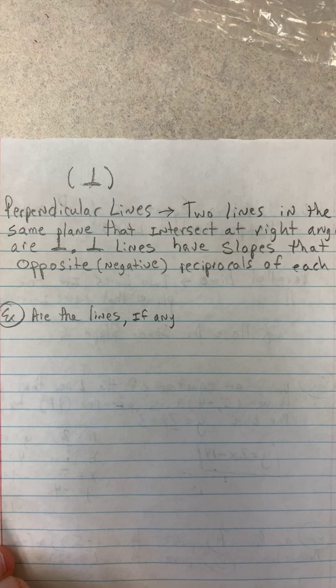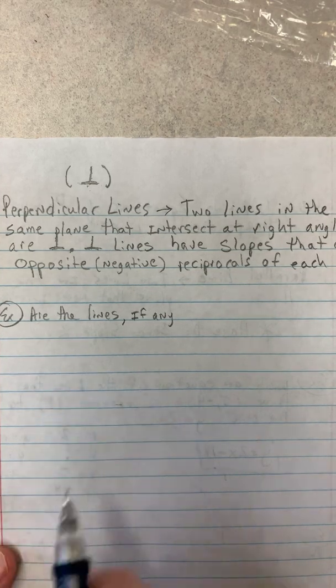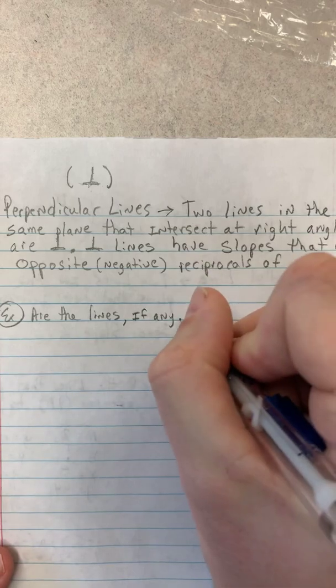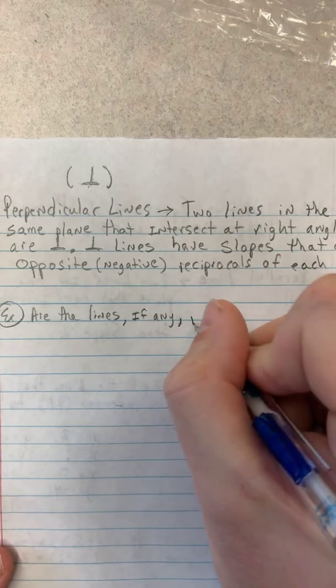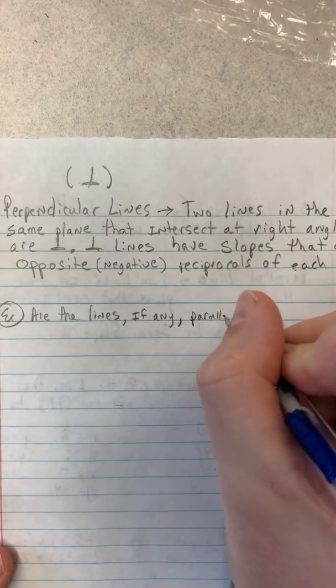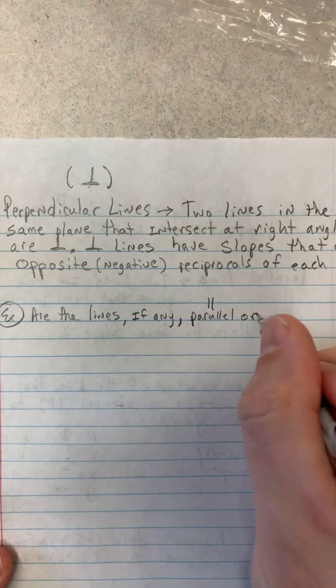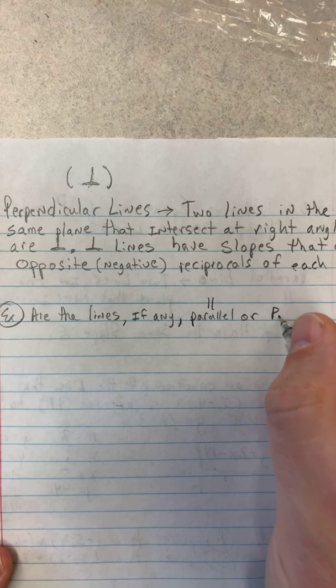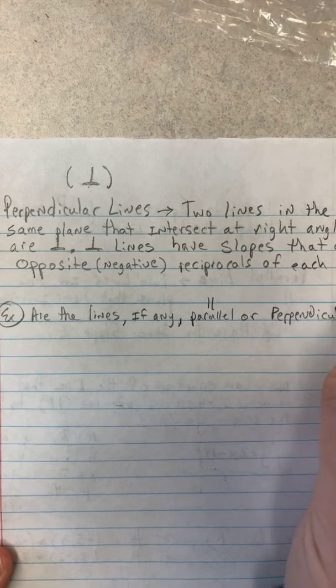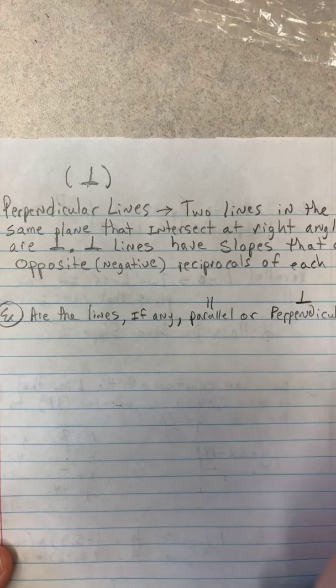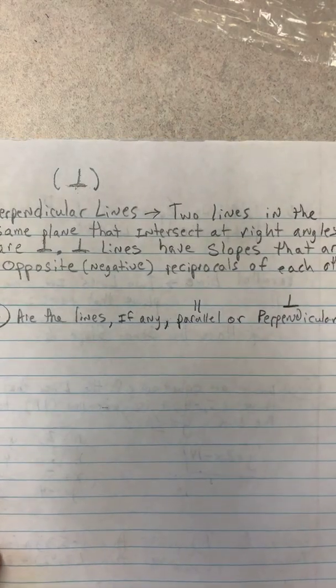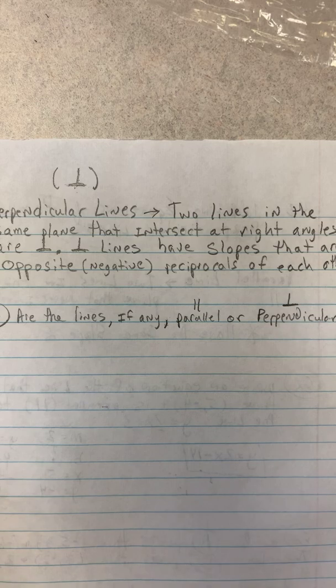You're going to be asked a question just like this: are the lines, if any, parallel? Here's my symbol for parallel. Or perpendicular. So we're going to be given some information, and I want to know, are these lines parallel or perpendicular?